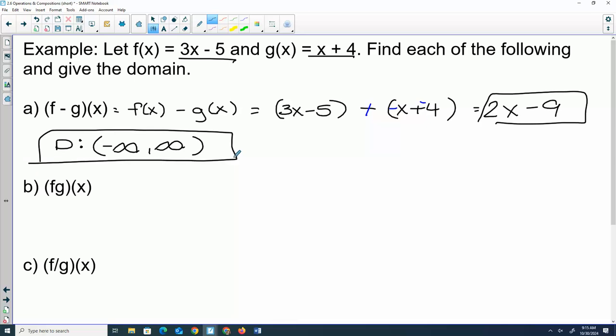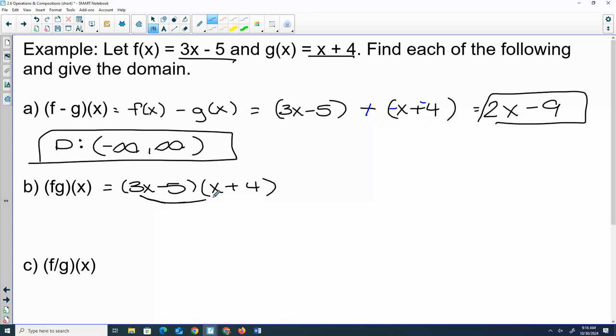All right. B. What's the operation this time? Multiplication. So we have to take f of x, which is 3x minus 5, times g of x, which is x plus 4. And then if you want to multiply those things, you just FOIL.